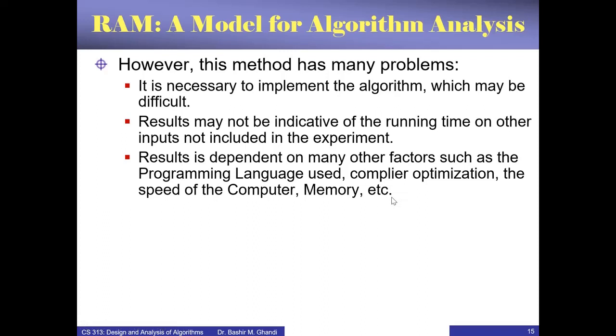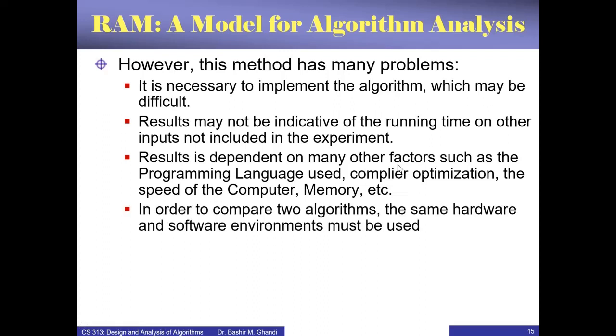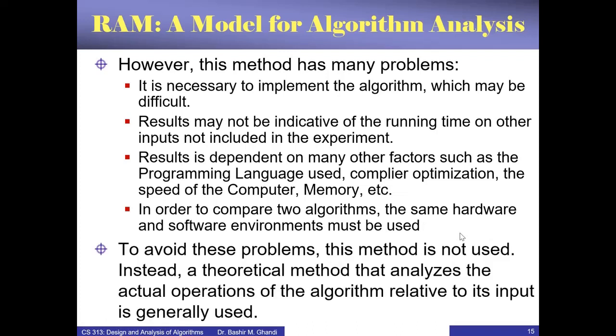So these are all issues that will arise if you try to measure the efficiency of an algorithm by implementing it and then executing it. We don't do it like that. So in order to compare two algorithms based on this approach, the same hardware and software environment must be used. So clearly this is not a good way to test the running time of algorithms.